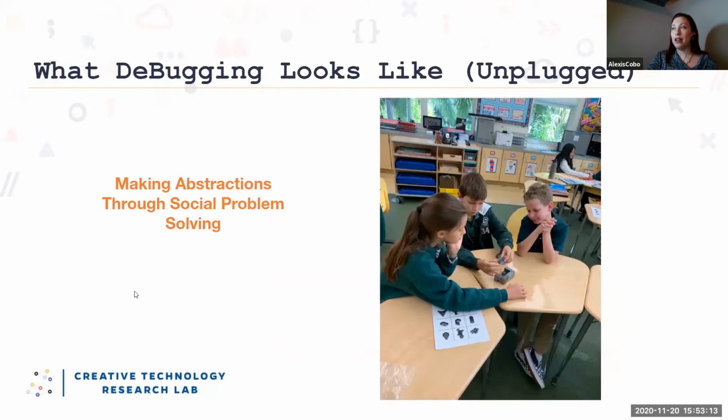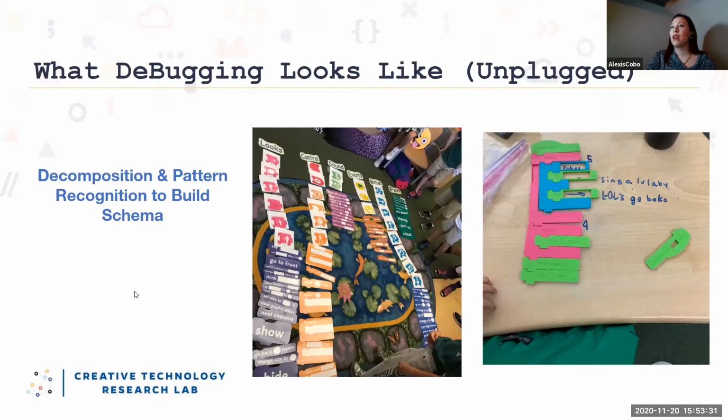And so as they get older, they have to learn how to make abstractions through social problem solving. And so I use things like SOMAs or other types of unplugged problem solving activities, and I encourage them to work together in groups to problem solve or debug.